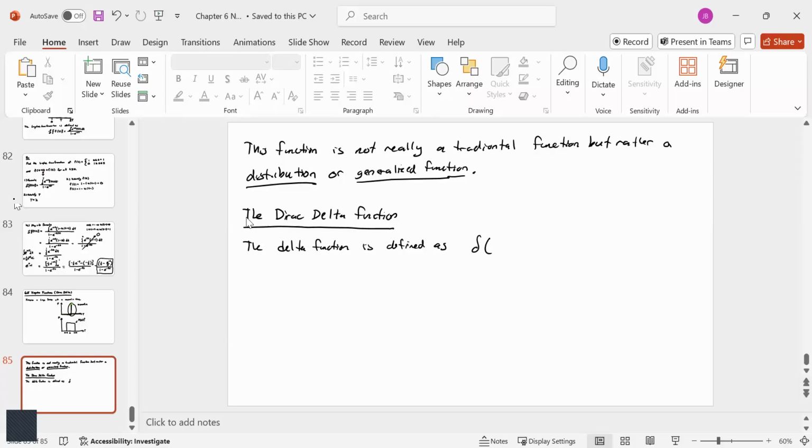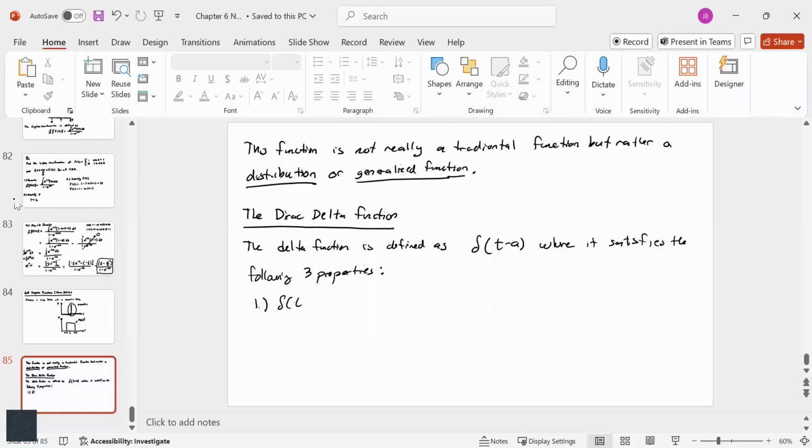So delta t minus a, where it satisfies the following three properties. At the end of the day, do you need to memorize these three properties? No, you really don't, but they are important to talk about for a brief second.